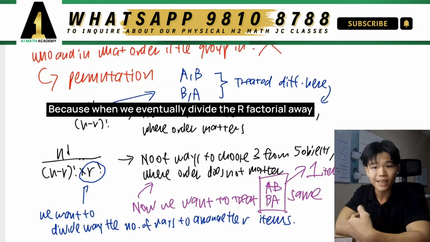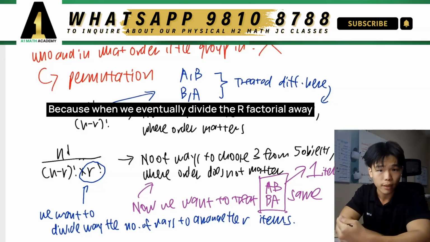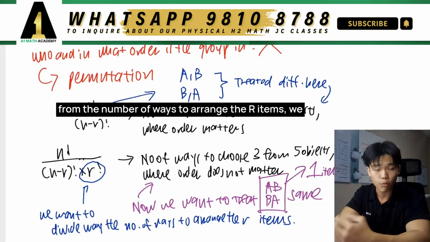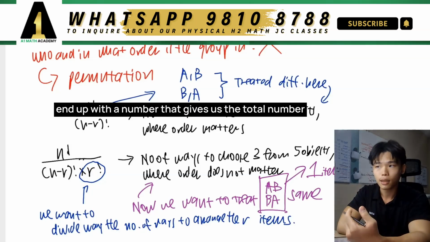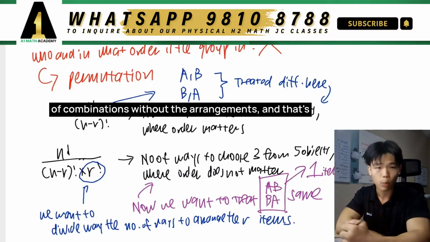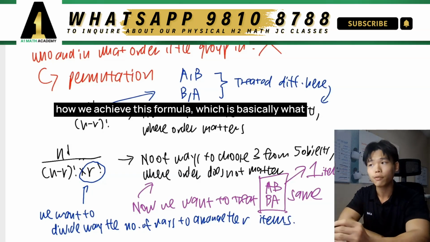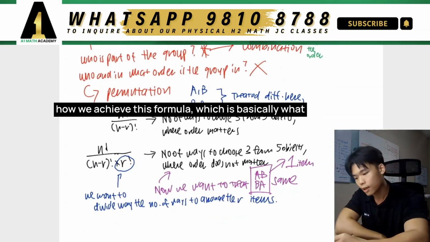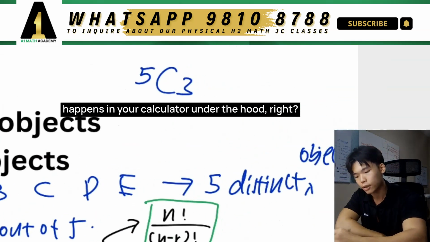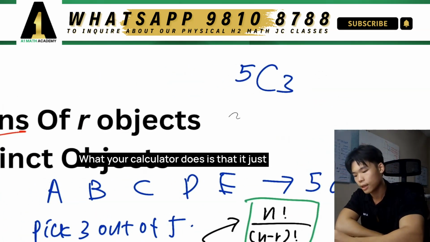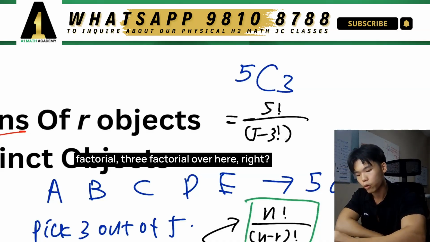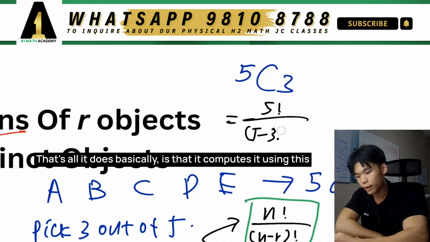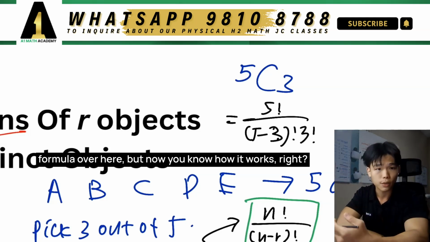When we eventually divide the R factorial away from the number of ways to arrange the R items, we end up with a number that gives us the total number of combinations without the arrangements. And that's how we achieve this formula, which is basically what happens in your calculator under the hood. What your calculator does is that it just takes 5 factorial over 5 minus 3 factorial, 3 factorial over here. That's all it does, it computes it using this formula.